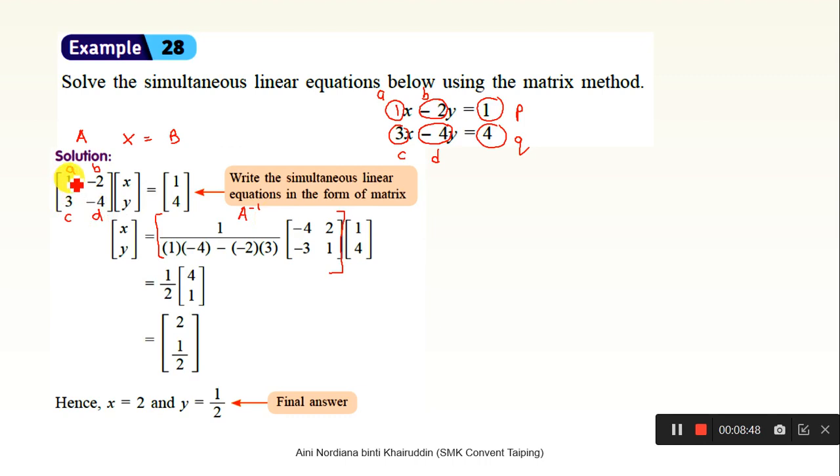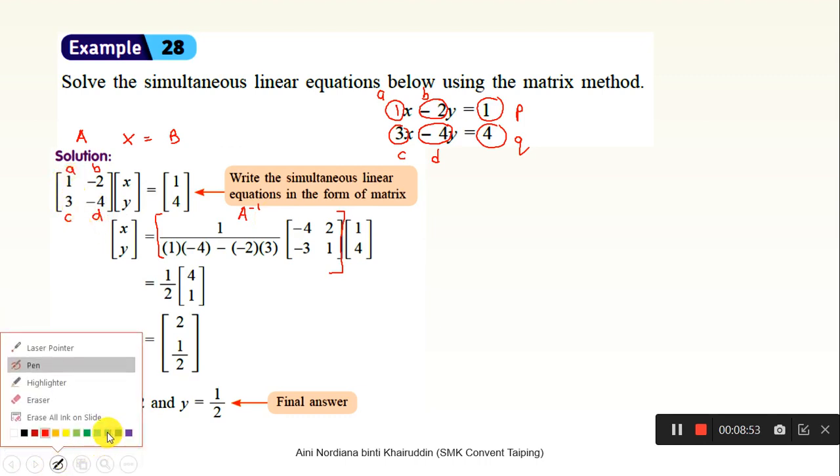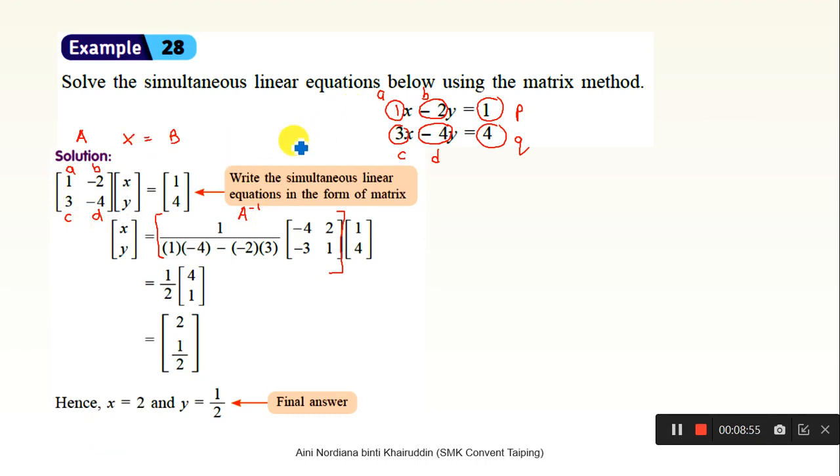Remember we change the position. Let me use the colors. Remember to change the positions of a and d, so it is like this. We change the positions of a and d, and don't forget to put a negative sign in front of elements b and c.